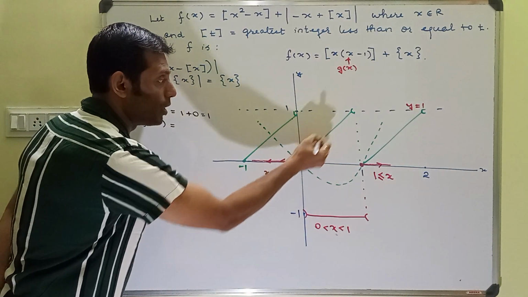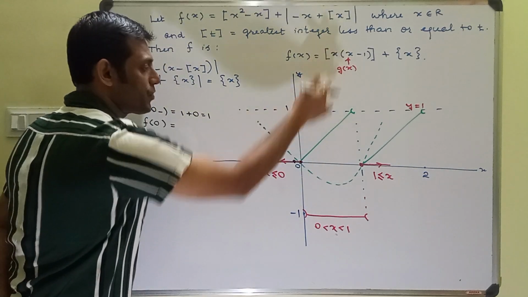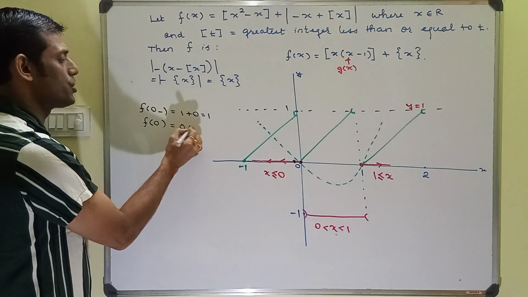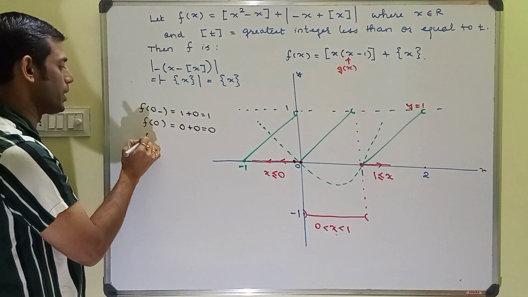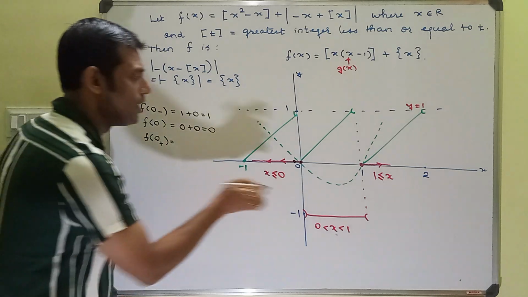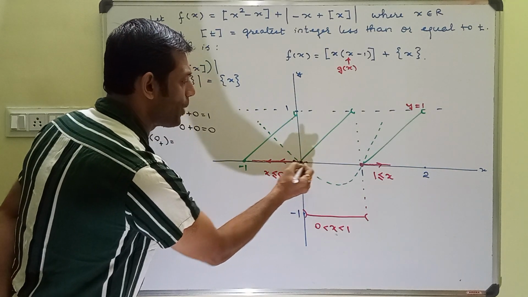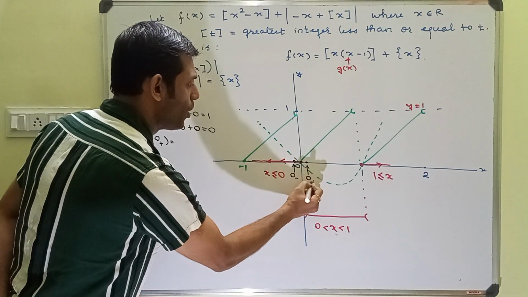This is the fractional part function at 0, and this g of x function is at 0. That means this is 0 plus 0 equal to 0. Now see, there is a breakage, there is a discontinuity. We need not go ahead here, but still for the sake of understanding, at 0 plus, this is, let's say, 0 minus, this is, let's say, 0 plus.